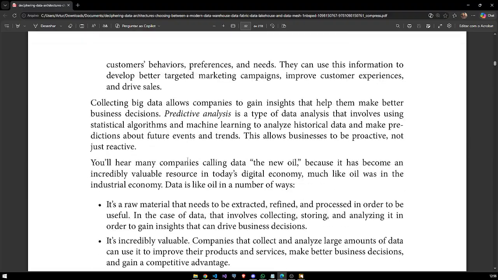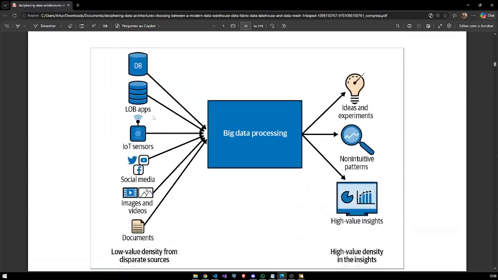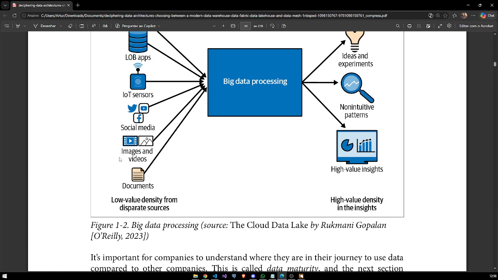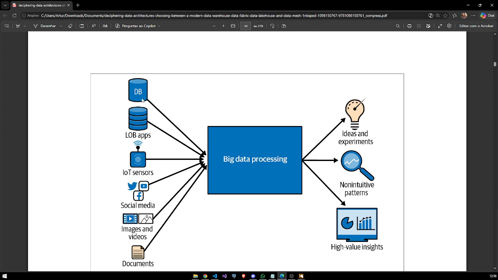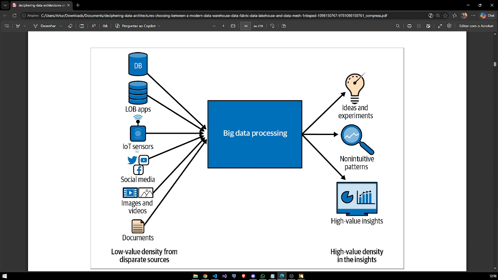There is another figure that I want you to take a look at. So big data processing can be used or extracted from databases or IoT sensors.